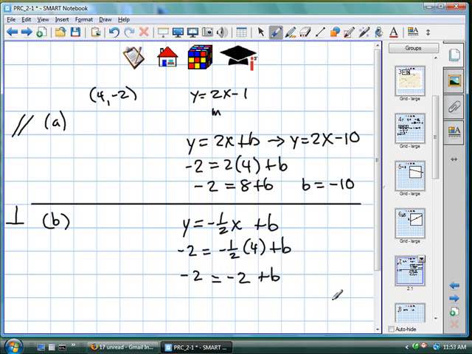And this time, what happens with b? Yeah, b comes out to 0. So coming back up here, what's the equation of our perpendicular line? You could just say y = -1/2 x or -1/2 x plus 0.